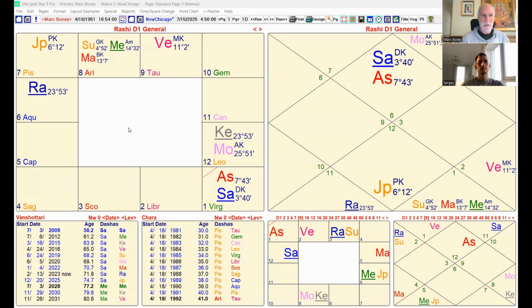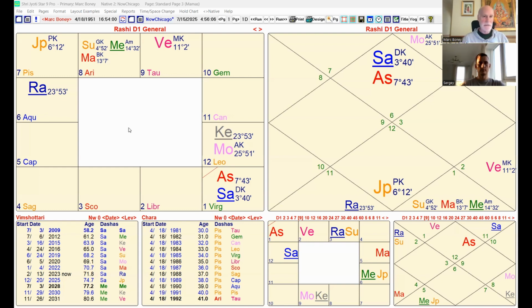And then we count an equal number of signs from there. If you count 8 signs from Aries, you come to Scorpio. So Scorpio would be considered the pada of my first house, right? So whenever I run Scorpio, some of the indications related to my first house can come out at that time.